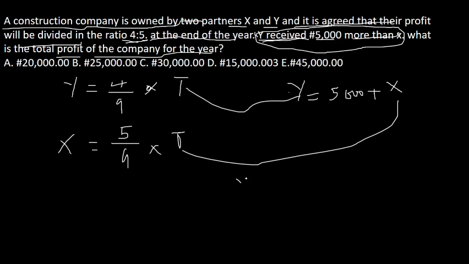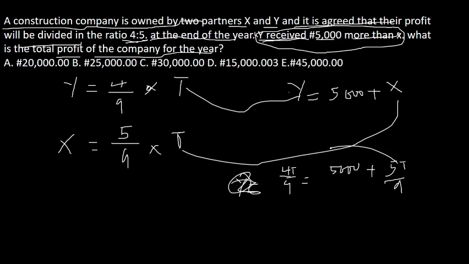So I now have what? Y is equal to what? I have already known Y. What is Y? Y is equal to 5T/9, isn't it? Is equal to 5,000 plus 4T over 9.